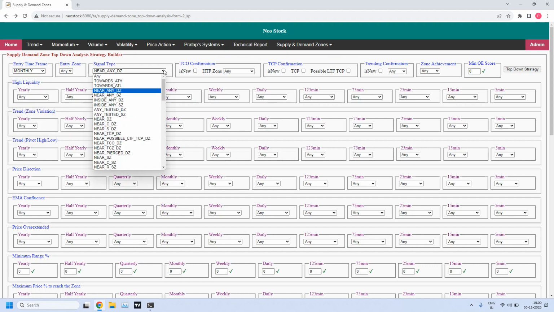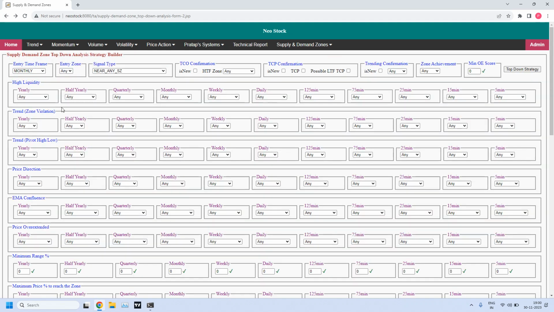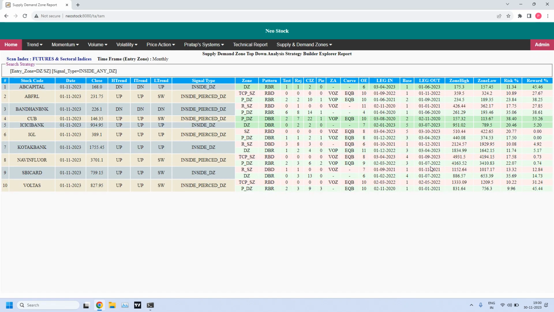Let us find the stocks which are near the monthly supply zone. So no stocks are near the monthly supply zone today. Let's go back. Entry time frame is monthly. Let us find the stocks which closed inside the monthly demand zone. So these 10 stocks closed inside the monthly demand zone.